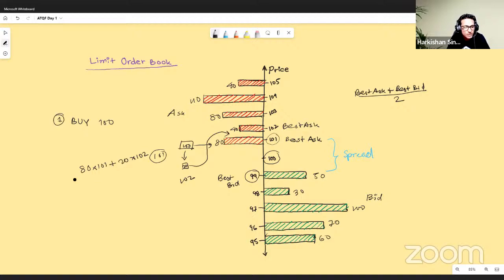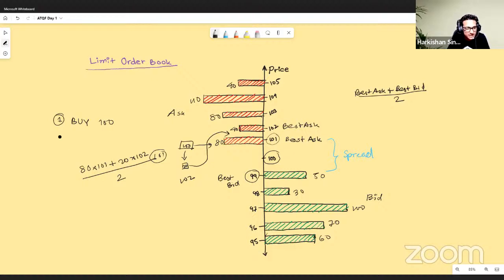Whatever the price you get here, divided by 2, that is the average price he got. So obviously it will be slightly higher than the best. He didn't specifically mention a price, but he obviously wanted to execute at the market price, that is 101, but he didn't get 101. He got something higher. So for him, the shares became more costly.